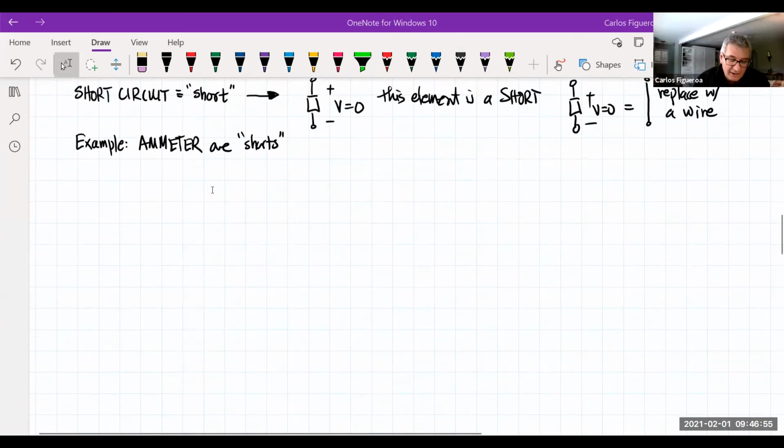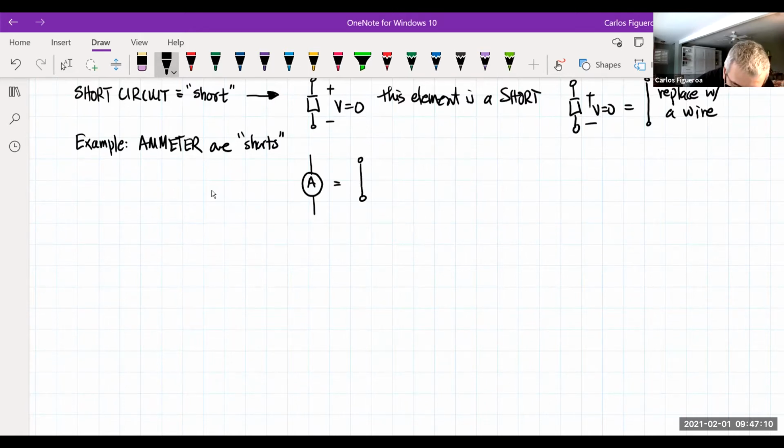So an example of shorts is an ammeter. If you have a perfect ammeter, we typically draw an ammeter like this. This ammeter can be replaced with a short.